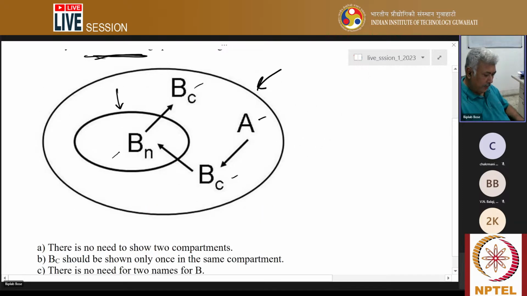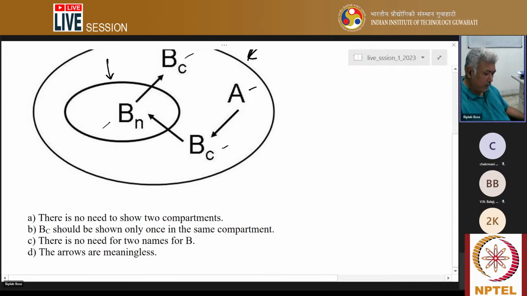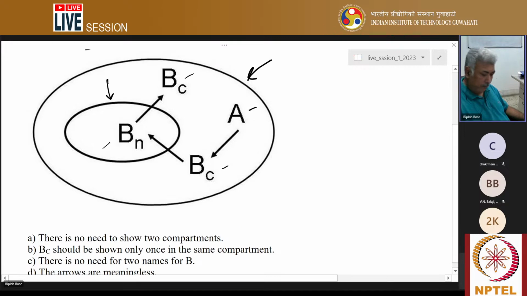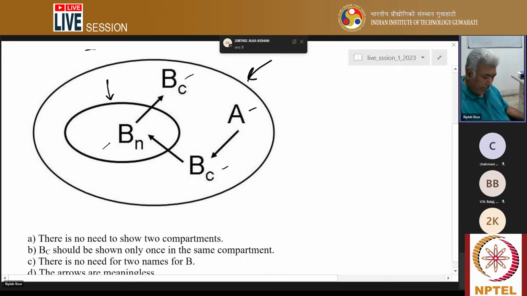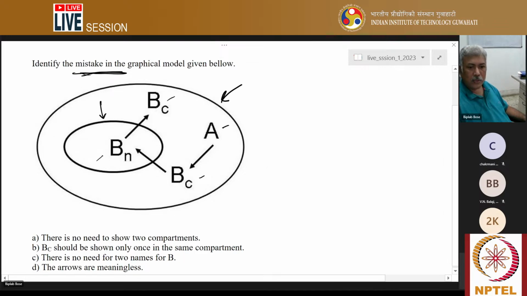Yes, BC has been shown twice actually. The third option: there is no need for two names for B. We have two names, BC and BN. And the fourth option: the arrows are meaningless. So which of these four are actually the mistakes?